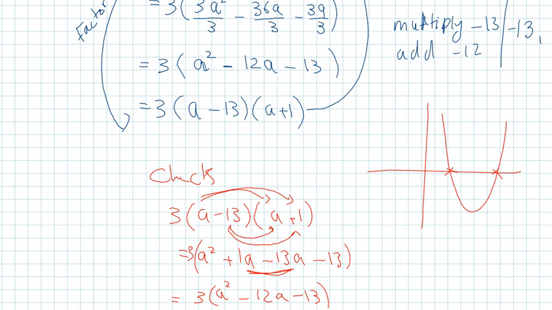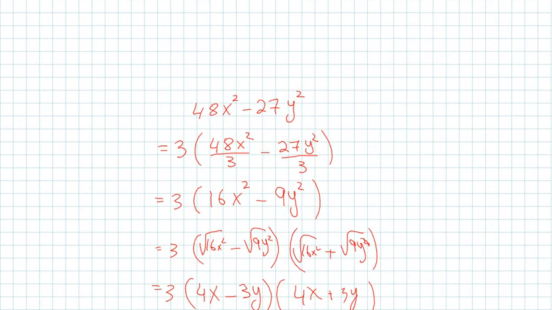So to find the zeros from the factored form, what we have to do is set the y value to 0.